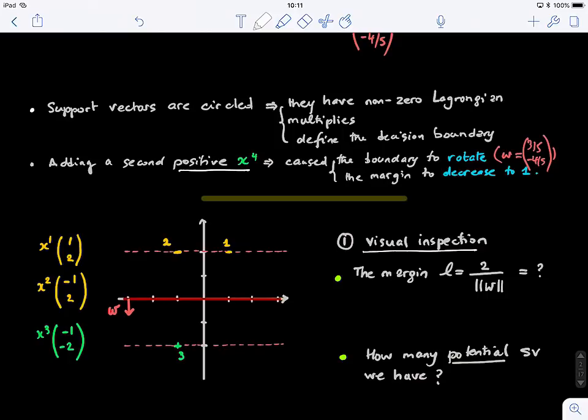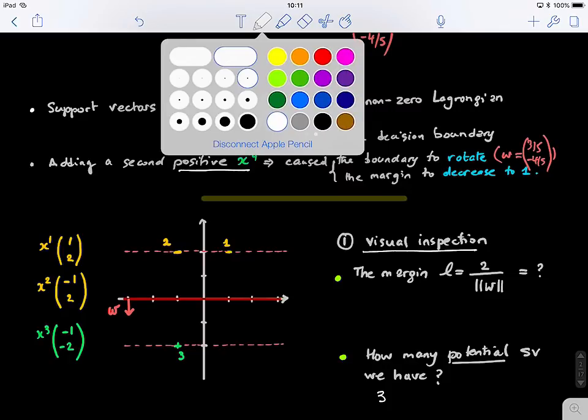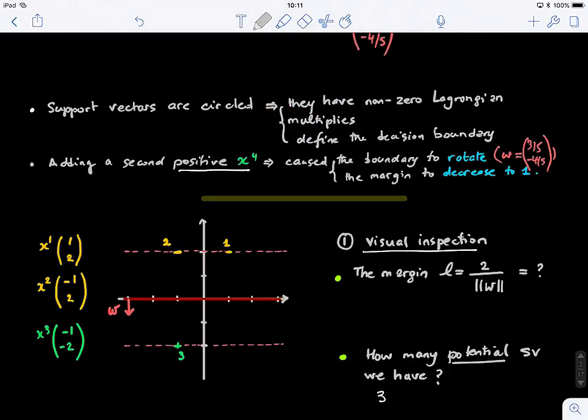I already answered this: how many potential support vectors do we have? We have 3 potential samples, X1, X2, and X3, because they lie on the hyperplanes. But what is the width of the margin? So this is 1, 1, 2, okay?